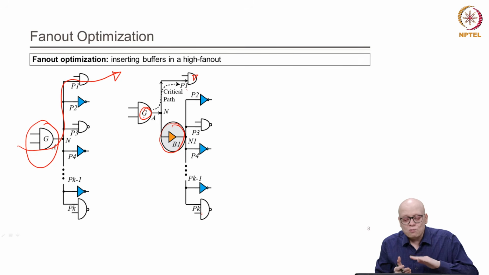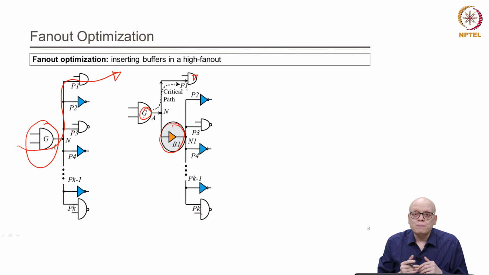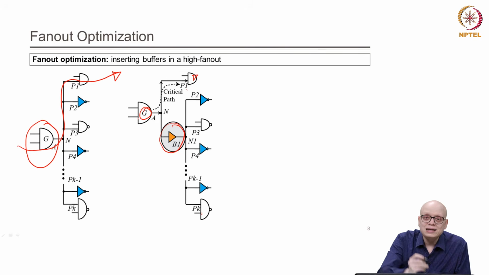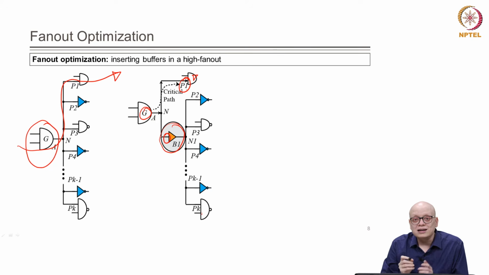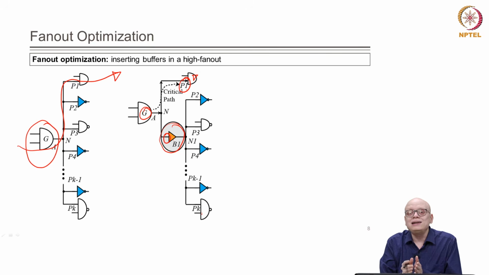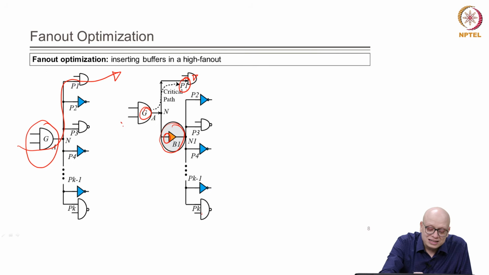Now the output capacitance driven by G will be lowered, because the capacitance seen by G will be only because of the pin P1 and B1. The other loads will be shielded by, or driven indirectly by, B1, and therefore, the delay of G is expected to decrease, and the timing of the critical path is expected to improve.